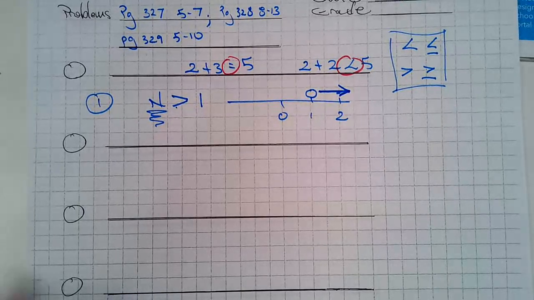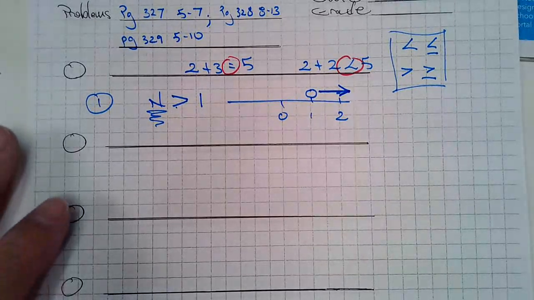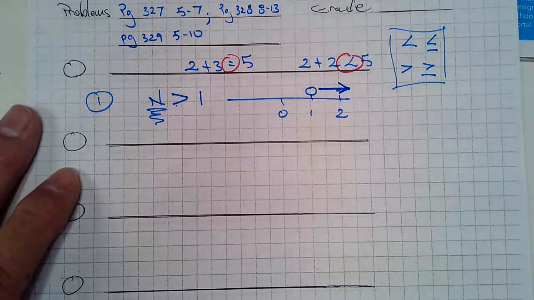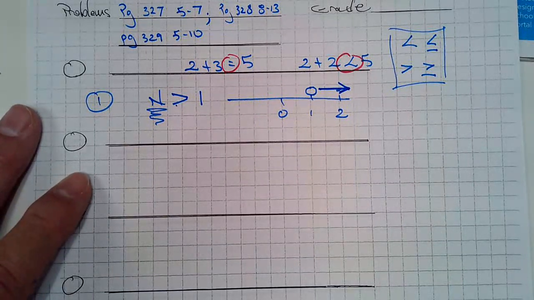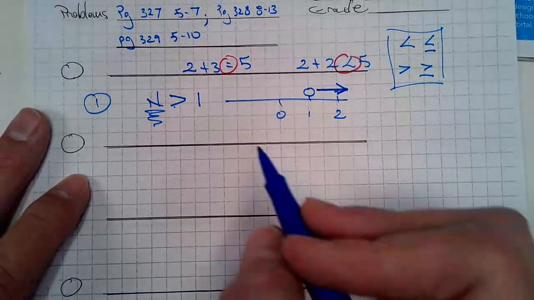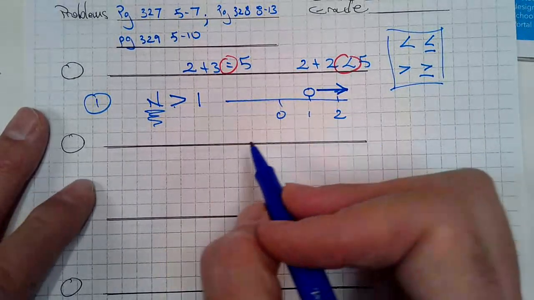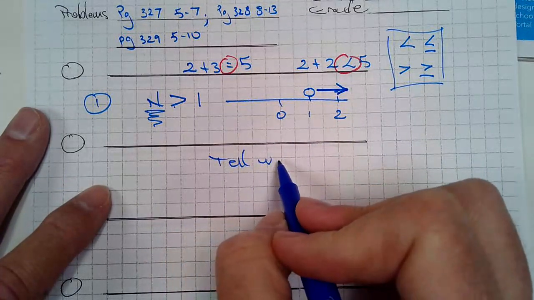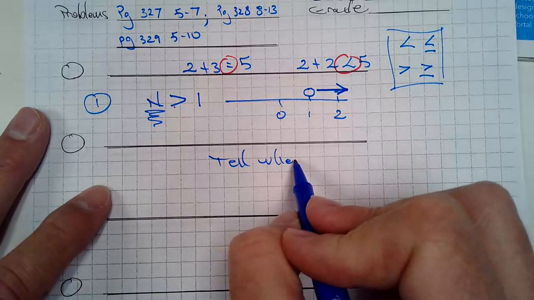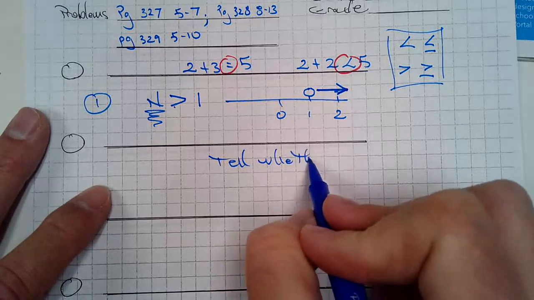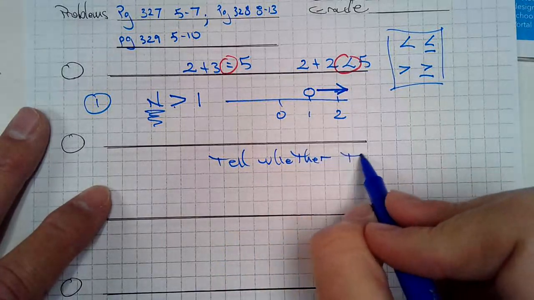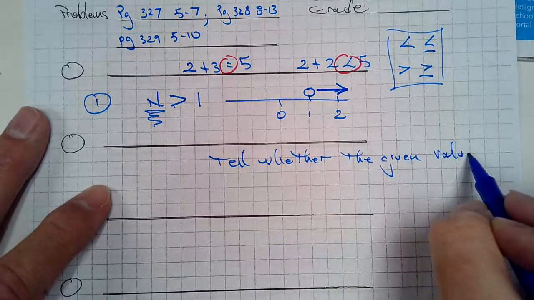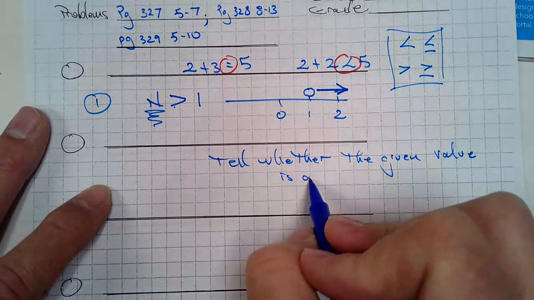All right, the next ones I want to look at. I'm just going to do some problems here. They'll ask you something like, tell whether the given value is a solution.